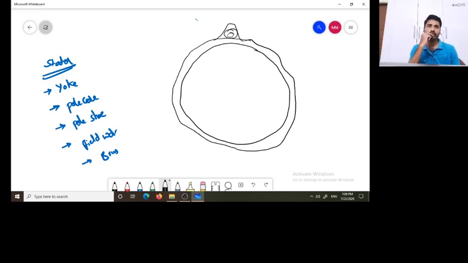In this way, the stator, the stationary part of a DC generator, looks like this. This is the yoke.